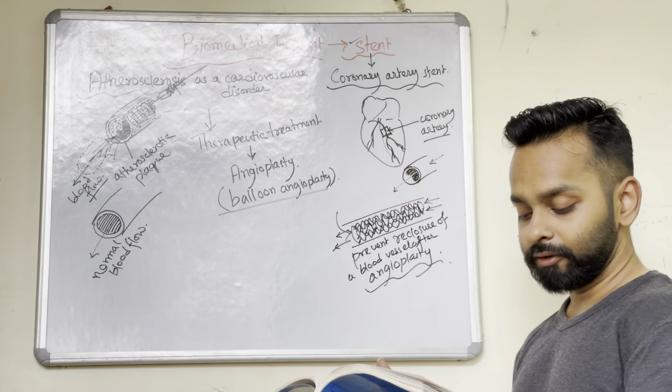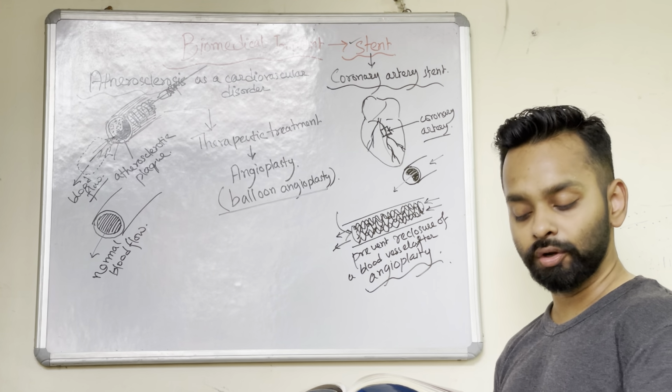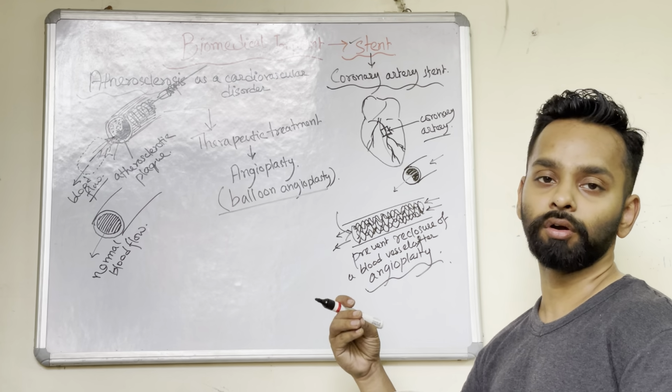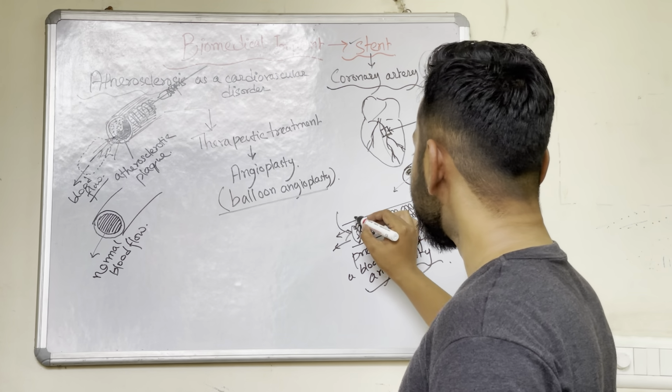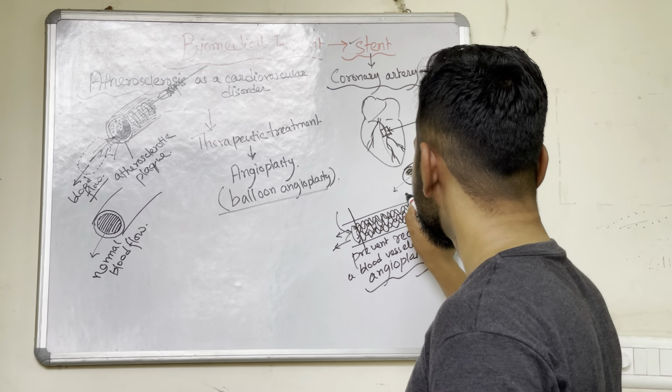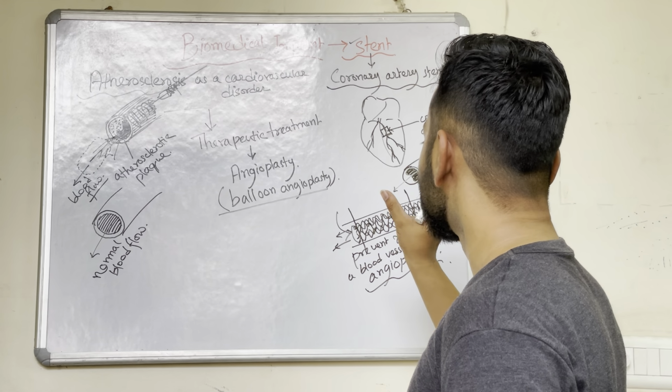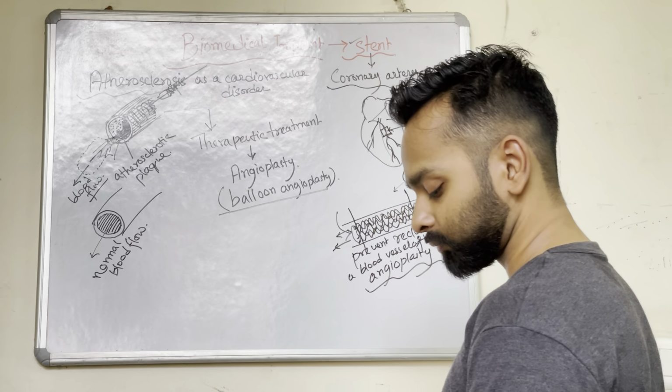So it will ensure that the vessel will remain open, then the balloon will be deflated and withdrawn. The stent will remain in position in the given section of the artery.